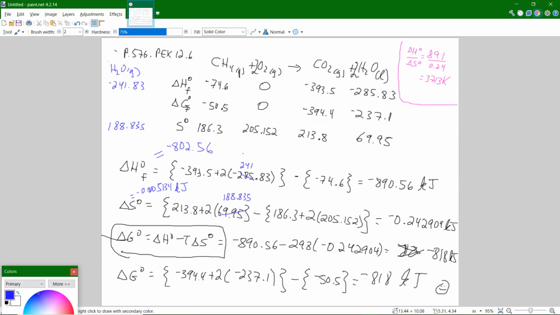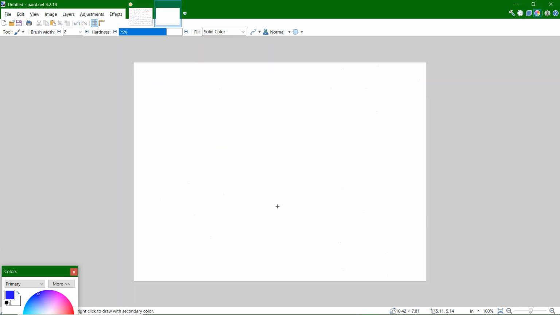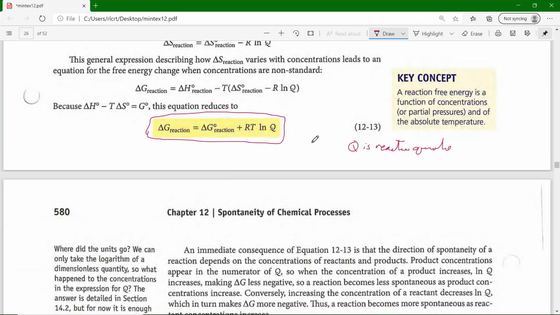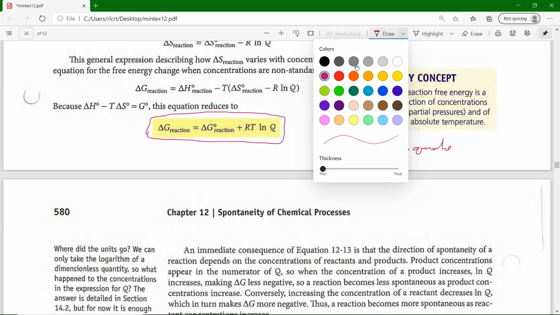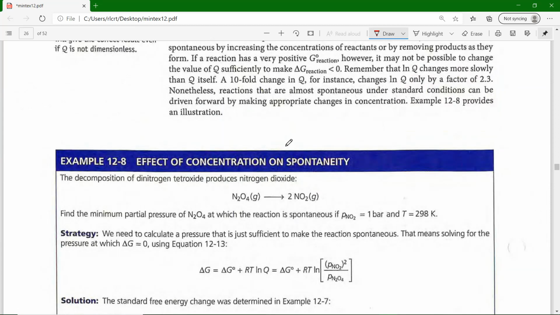So I'm going to have to use the paint to go through here. Maybe I go back to draw, no, it's stuck there, okay. Let's see, how much more do we have here? So Q is the initial values.